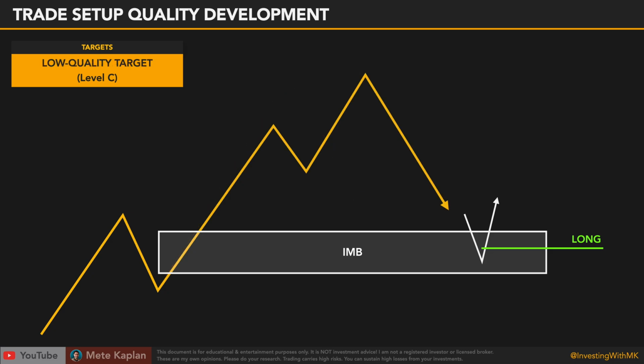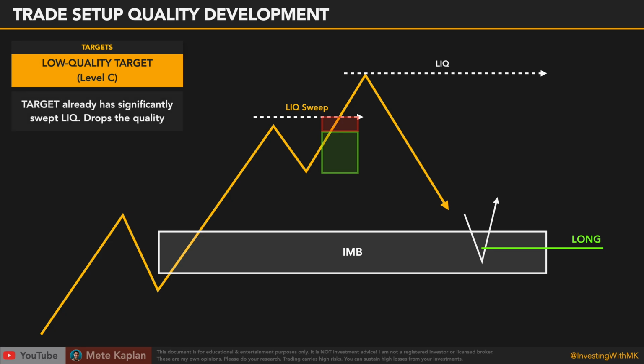However, what if my target had a very significant liquidity sweep before, like this one? This immediately drops the quality of this target. Remember, price always seeks liquidity. If the liquidity is already taken, basically stop losses hunted before, it will drop the quality target.